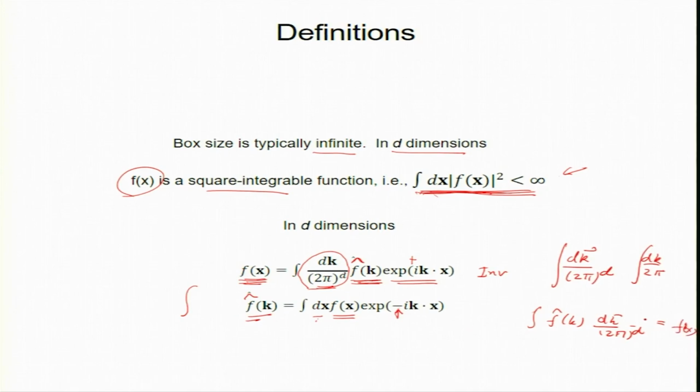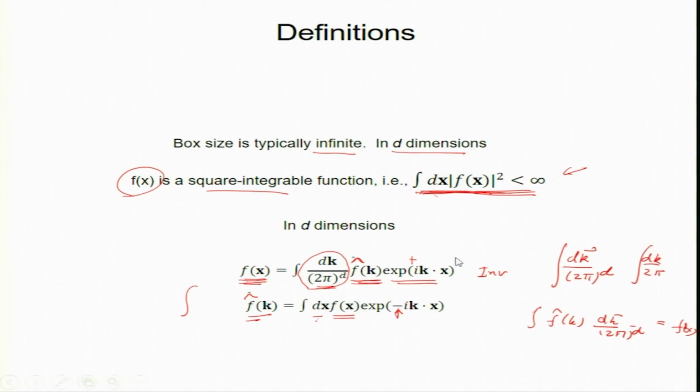So, you can check it yourself that this is consistent, we can invert it. So, you play around with this, it is standard stuff in quantum mechanics or mathematical physics, you might have done it. This is the standard definition. We will follow this definition in this course. Now, this is for real space dimension to Fourier space.